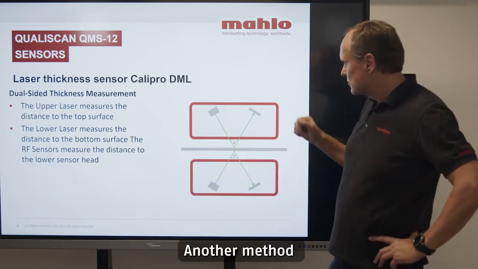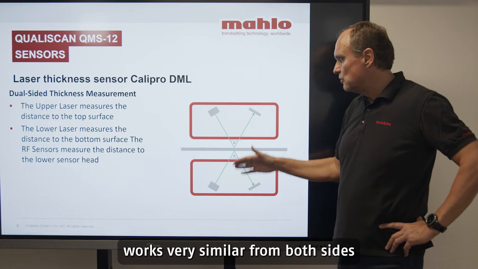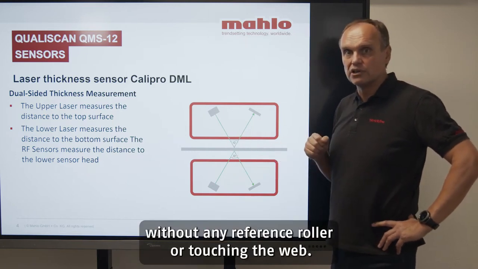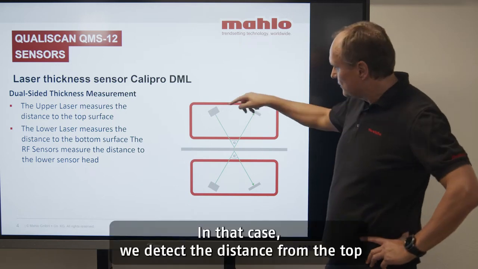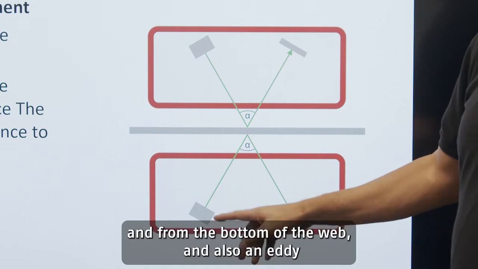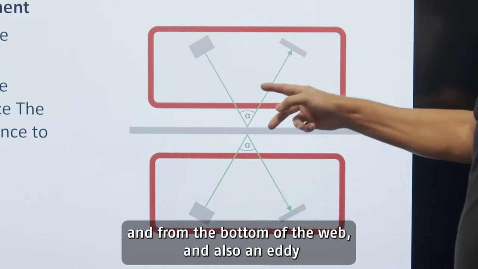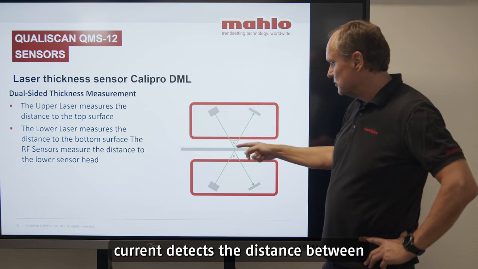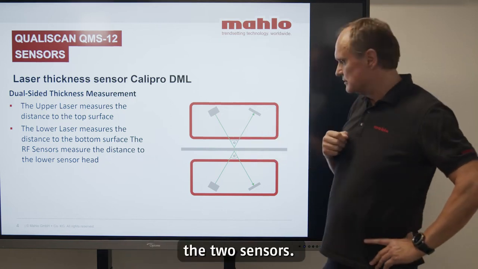Another method works very similar from both sides without any reference roller or touching the web. In that case, we detect the distance from the top and from the bottom of the web, and also an eddy current detects the distance between the two sensors.